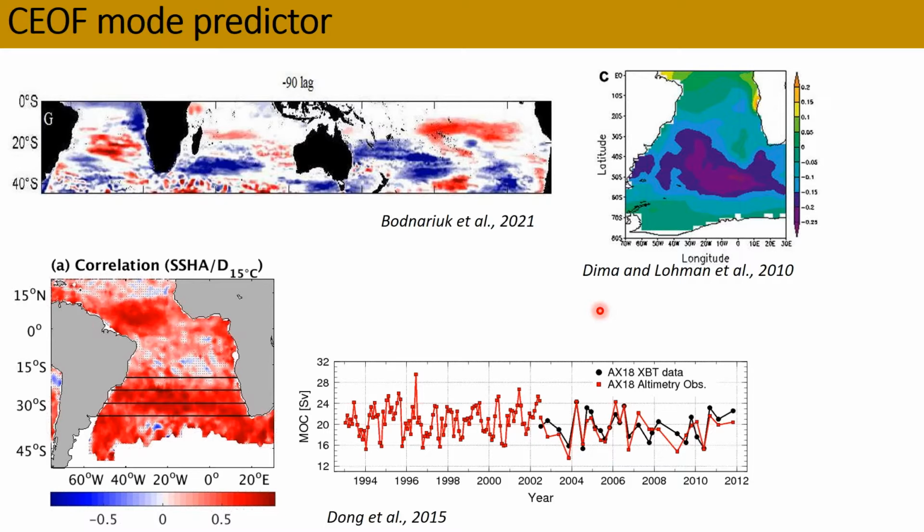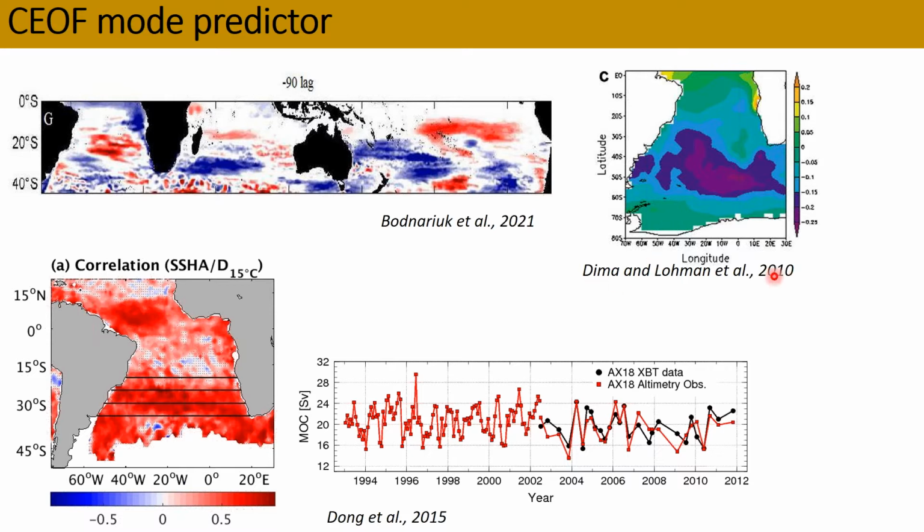We have these anomalies propagating from east to west, and several studies, like a recent one by Bodnariu, 2021, state that this propagating anomaly is not contained to one basin, but is a multi-basin process, for example, in the Atlantic, coming from the Indian Ocean all the way to the Atlantic.